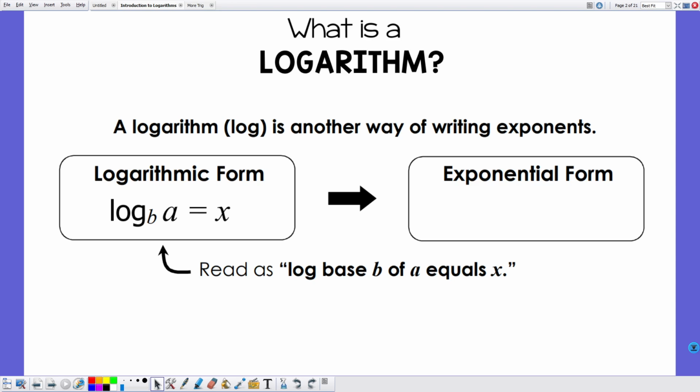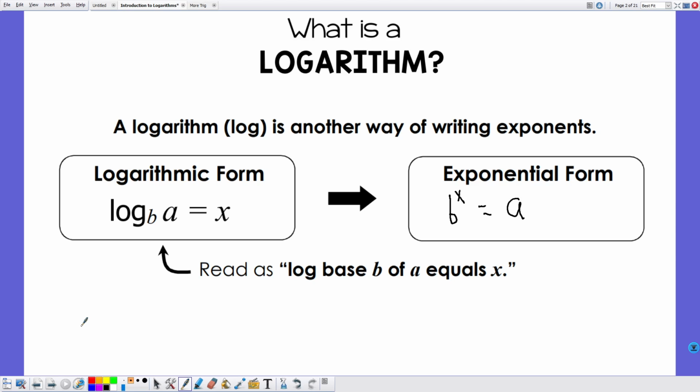So here's the basic gist. Nothing special. In logarithmic form, we say log base b of a equals x. That's the same thing as saying b to the x power equals a. They mean the same exact thing.